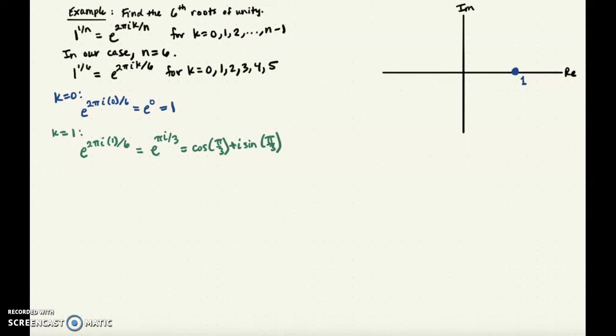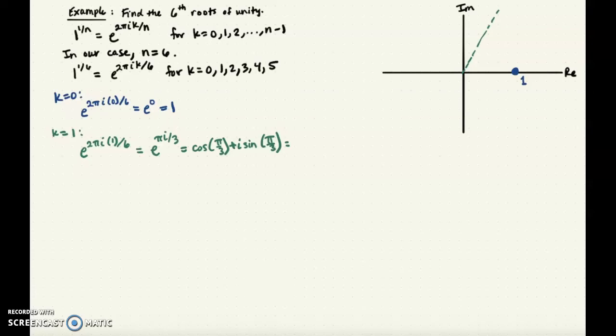You could also think about it as this giving you the angle where the number would lie in the complex plane. The modulus of this complex number is 1. So it's going to be a distance of 1 from the origin at an angle of pi over 3. So an angle of pi over 3 would be somewhere in this direction, roughly. And we can see that that's where we're going to end up with our real and imaginary components.